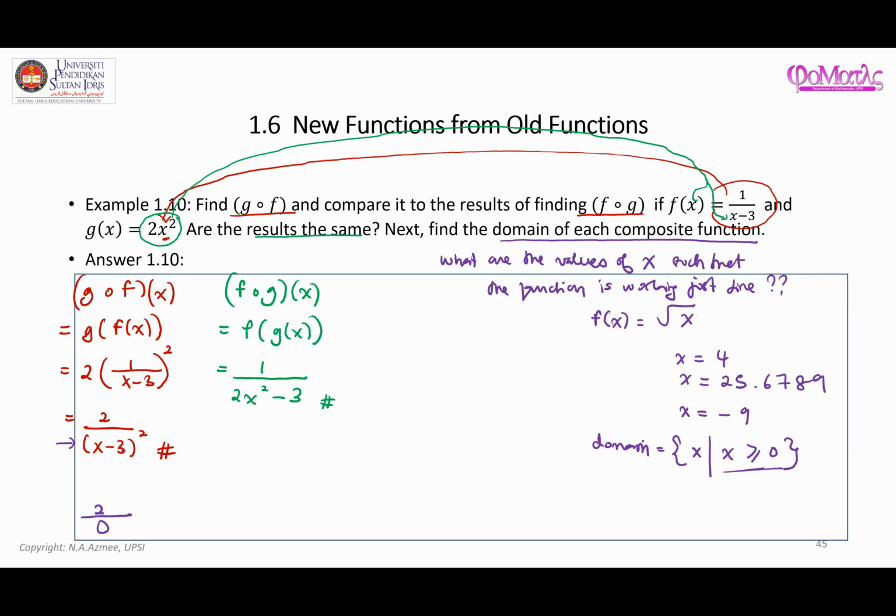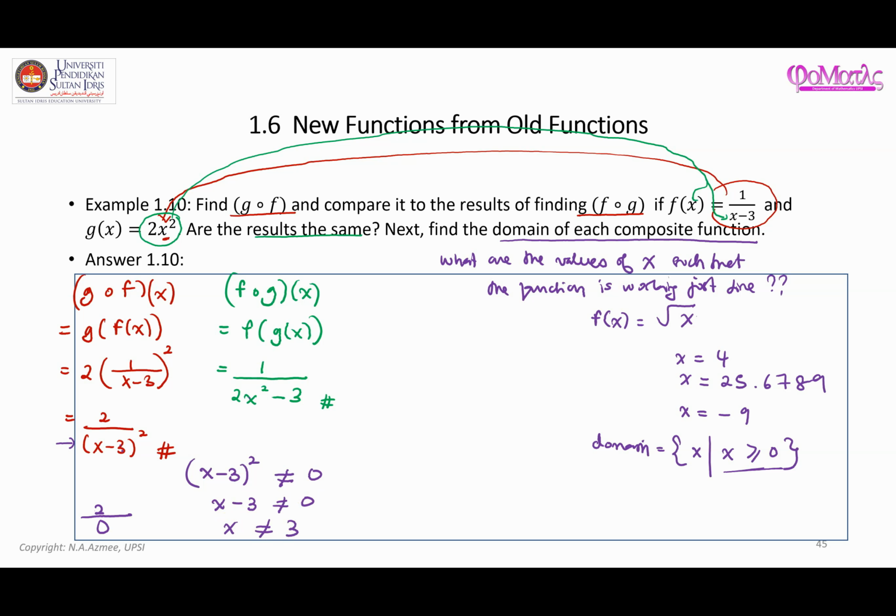If we start off with x minus 3 squared, and I don't want it to be 0, I can create an inequality. So x minus 3 squared cannot be equal to 0. Based on this, we know that x minus 3 cannot be equal to 0, and therefore x cannot be equal to 3.